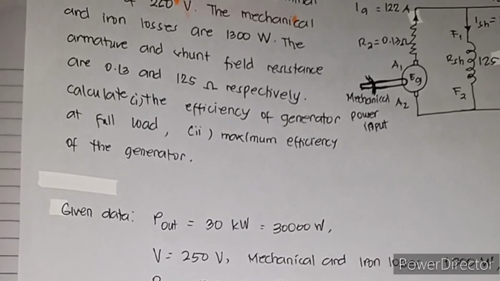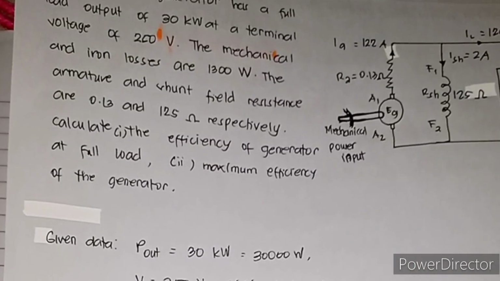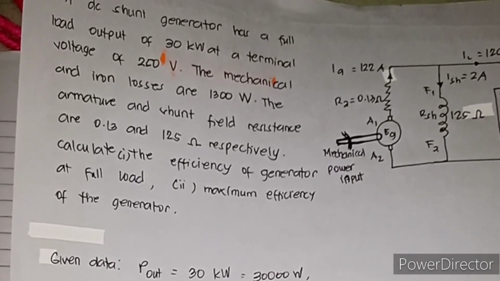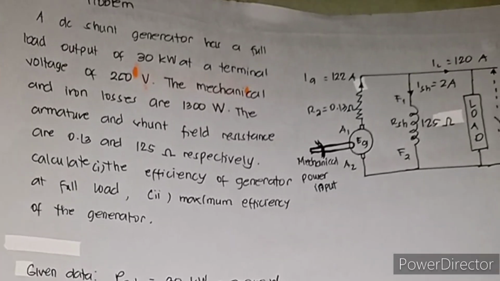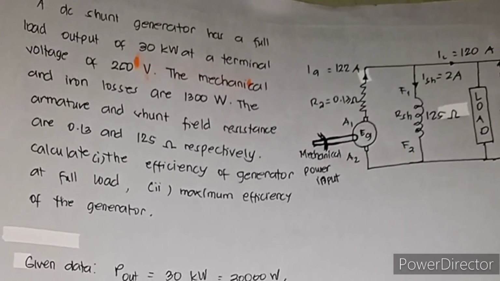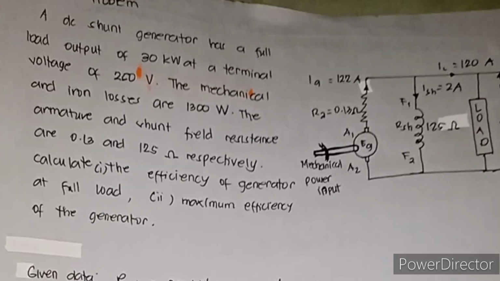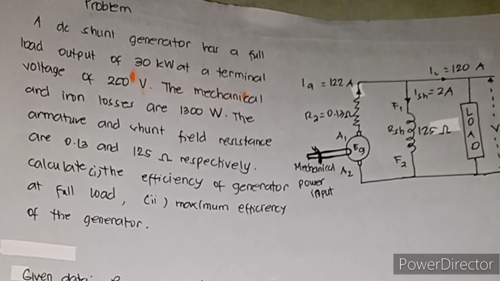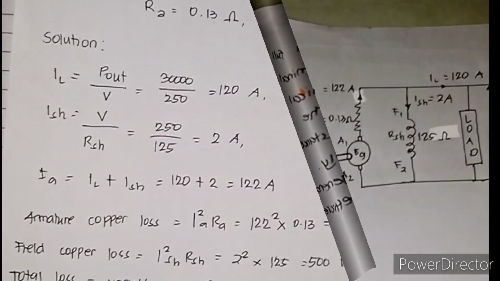The first thing to do is to get the value of the load current. To get the value, we must divide the power output by the terminal voltage. The power output is 30,000 and the terminal voltage is 250. 30,000 divided by 250 is 120 amperes.